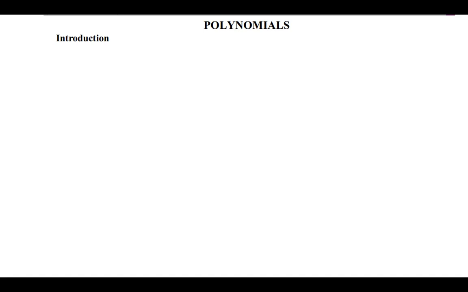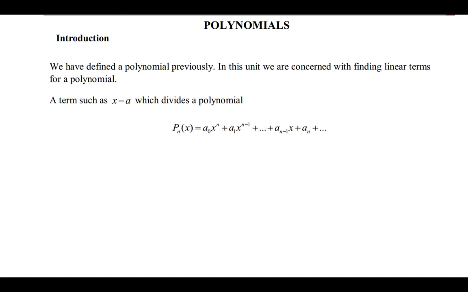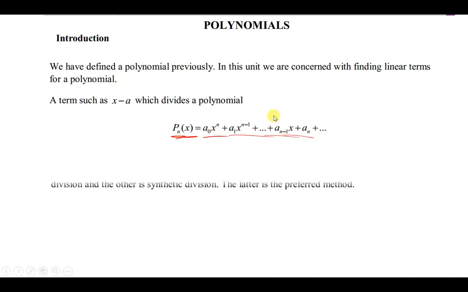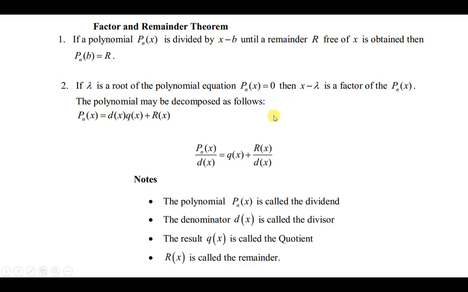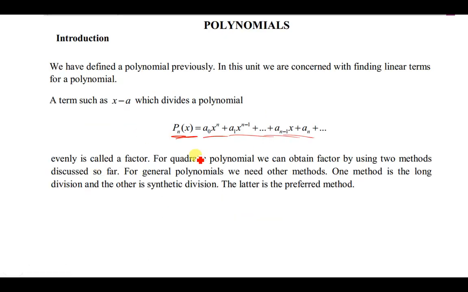So a polynomial is simply any function that is in this format, and it is usually denoted by p of x. This format represents a polynomial. Polynomials are just functions that have a degree higher than 1.